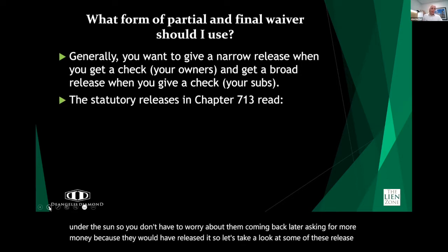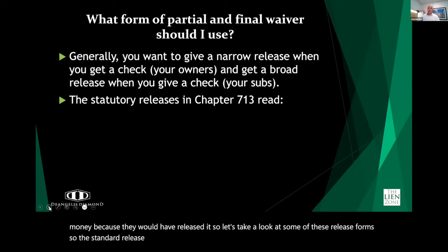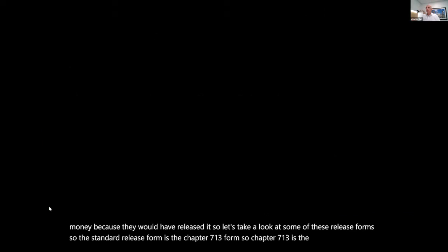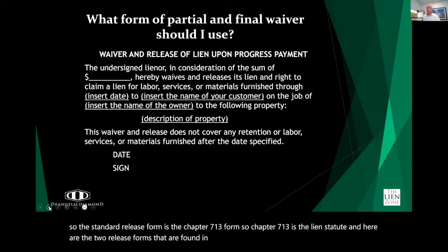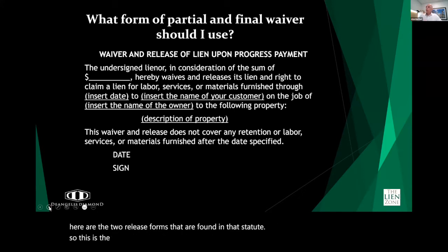So the standard release form is the Chapter 713 form. Chapter 713 is the lien statute, and here are the two release forms that are found in that statute. This is the release form for progress payments. It's very simple.